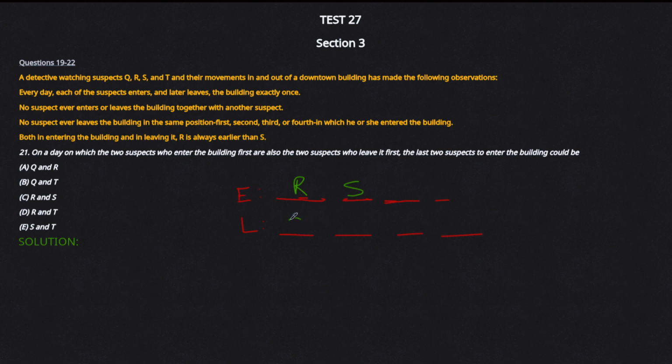That is, S has to go here and R has to go here. But by this logic, we are violating this last condition. R is always earlier than S. Here, S is earlier than R. So we have already established that S cannot be one of the first two. So let's just omit that out.